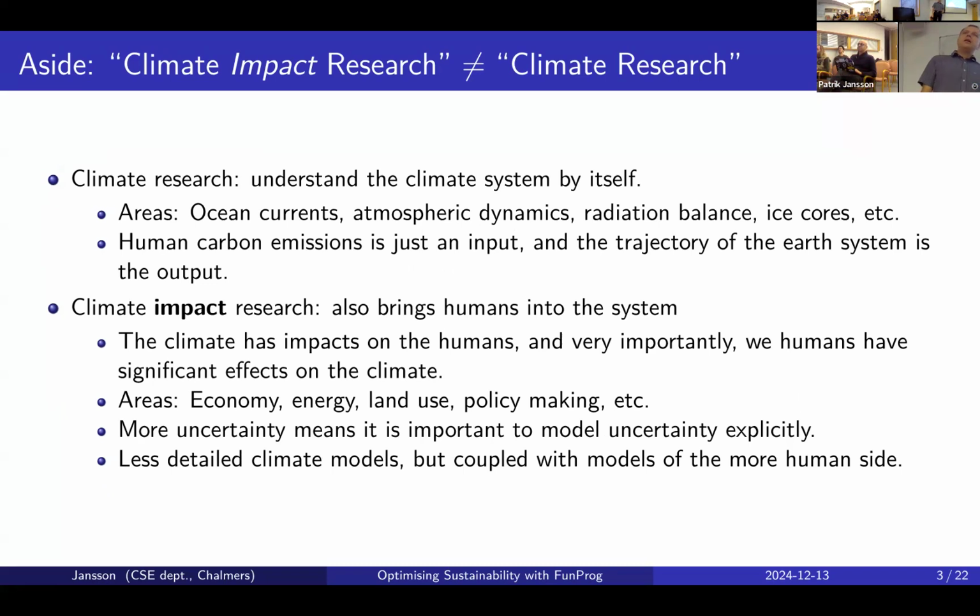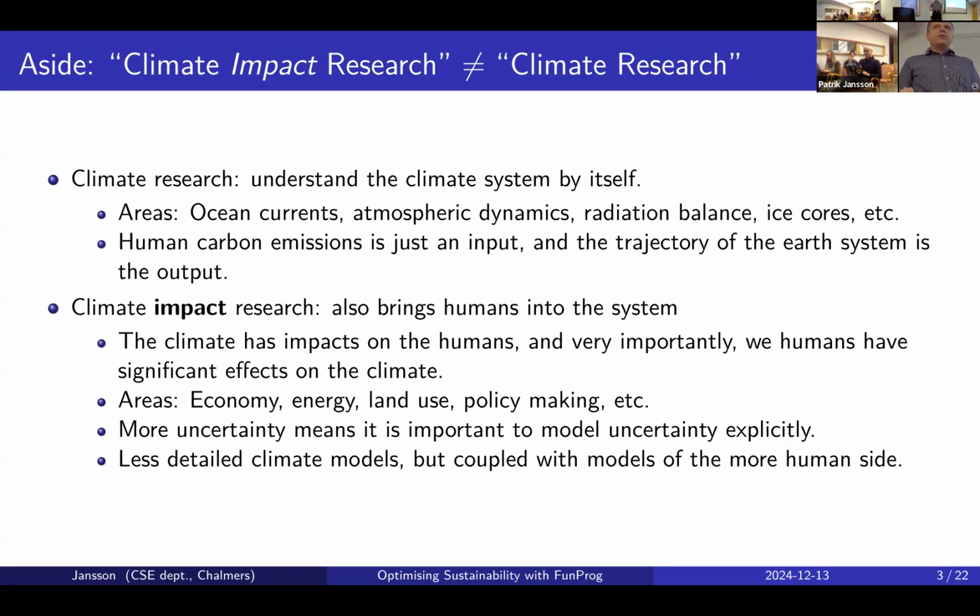Maybe this is a simplification, but from the computational perspective, climate research is about understanding the climate system by itself: ocean currents, atmospheric dynamics, ice, radiation balance, all of these things. But human carbon emissions or other emissions are just an input, and you compute the trajectory of the Earth system, or maybe a probabilistic distribution of trajectories of the Earth system.